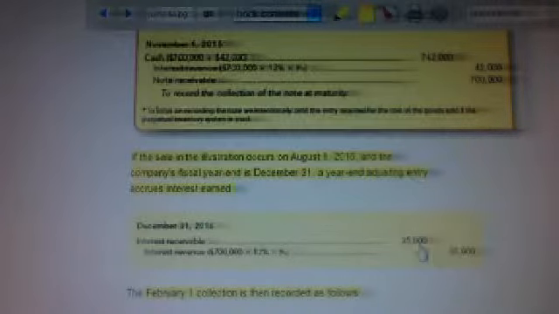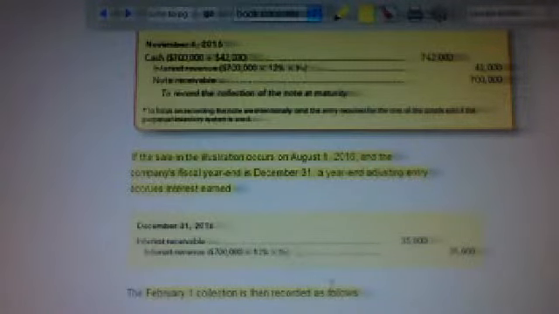So we're going to debit interest receivable on December 31st, representing the 5 months that have occurred from August 1 through December 31st. So we're debiting interest receivable for $35,000, and we'll credit interest revenue on the income statement for $35,000. Again, that calculation is $700,000 face amount multiplied by the 12% interest rate, and for 5 months, or 5/12 is the fraction.